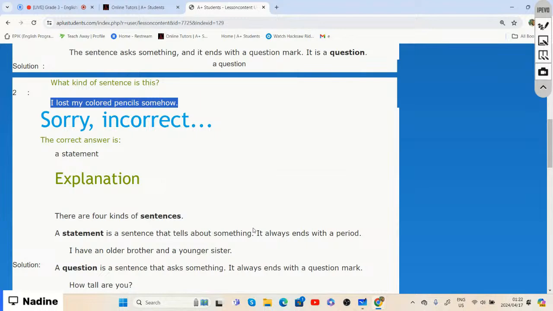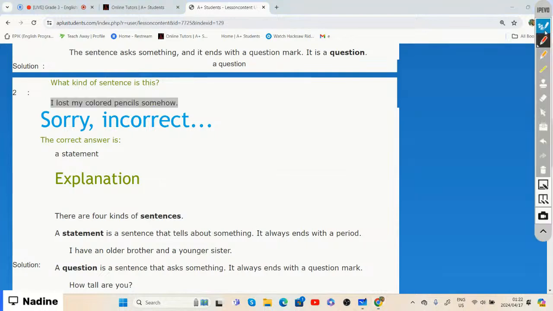All right. And if we choose the correct kind of sentence, then yes, we're going to say this is a statement. Remember, a statement basically just tells you about something. It can be anything, right? And the statement ends with a period. So I lost my colored pencil somehow.